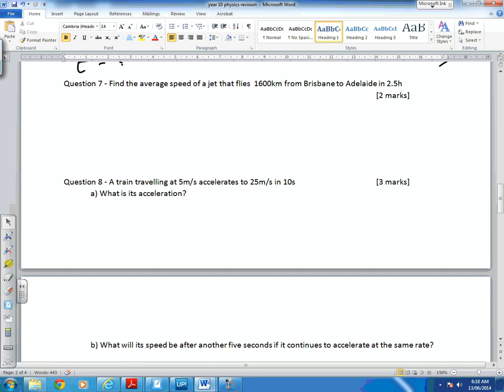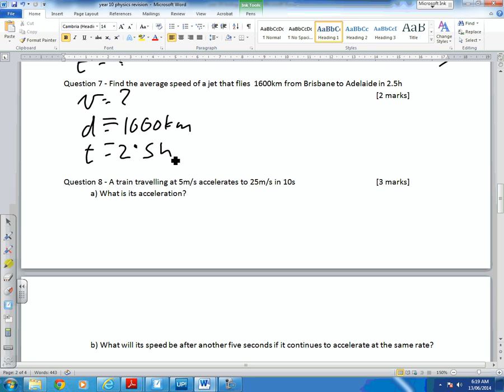Find the average speed if a jet flies from Brisbane to Adelaide in 2.5 hours. So again, V equals question mark, D equals 1600 kilometres, time equals 2.5 hours. So again, V equals D on T with 1600 over 2.5.